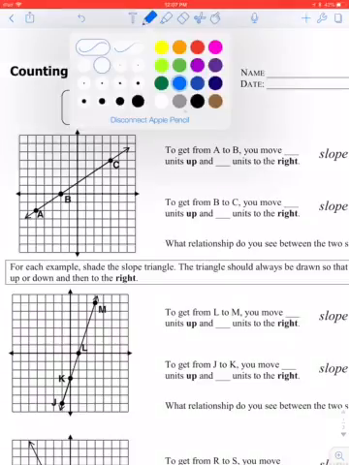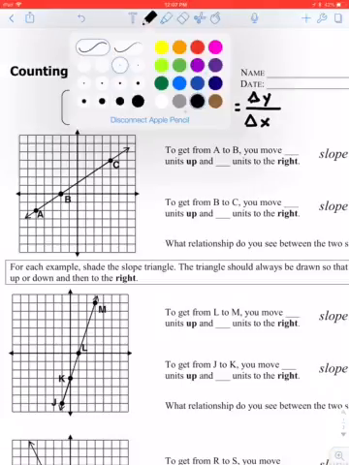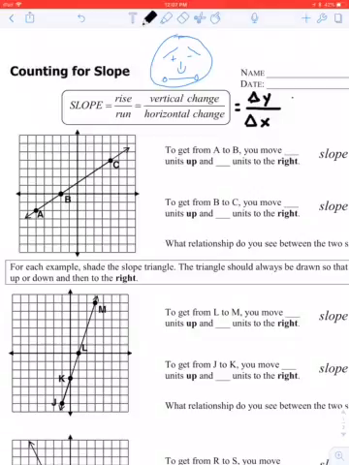And there's one more here that I would like you to add, just because we will see this as well. It is a delta Y, which just stands for the change in Y over delta X, the change in X. So you can make a little note there if you want to.